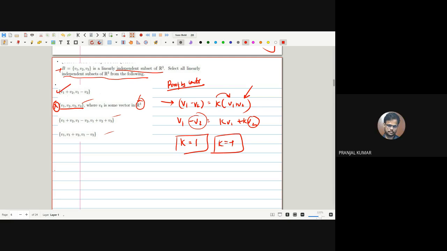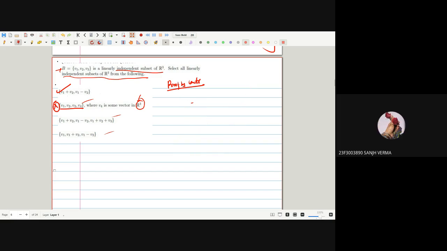Clear? No, sir. Not clear. But it's dependent, no? No, it's not dependent. You were not able to find scalars. It's independent. So how do you get k equals 1 and minus 1?